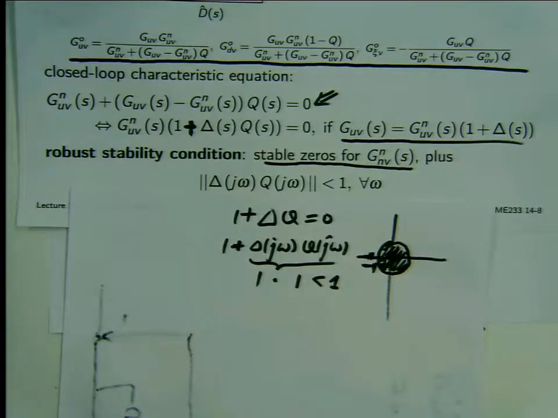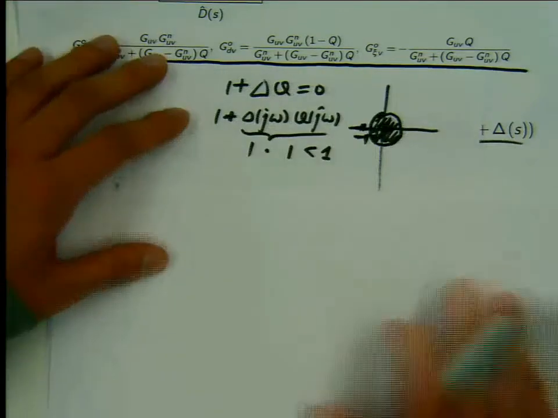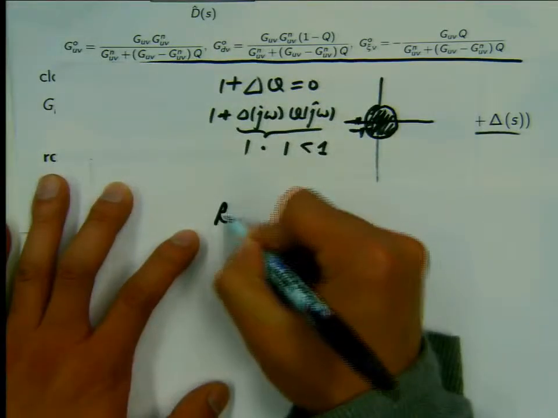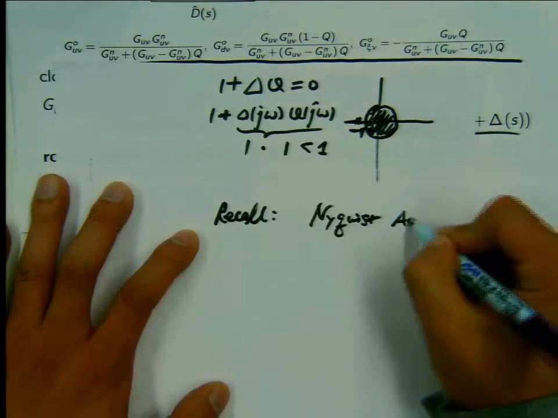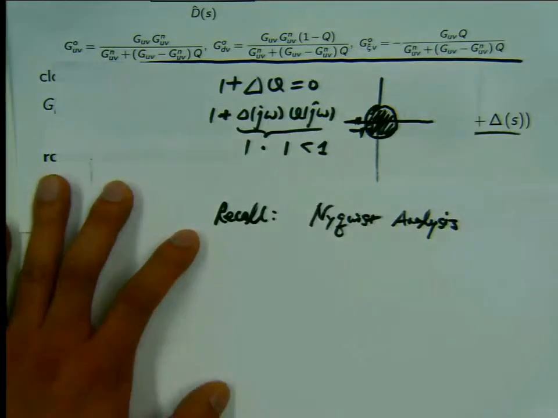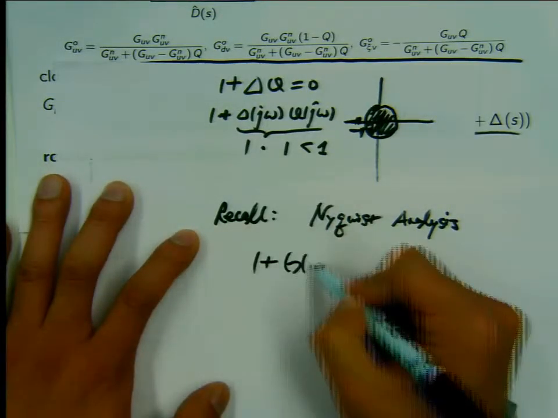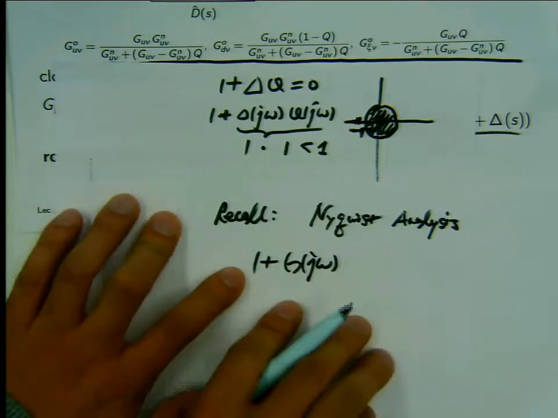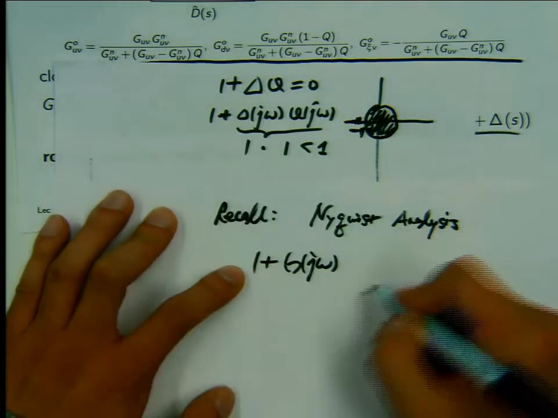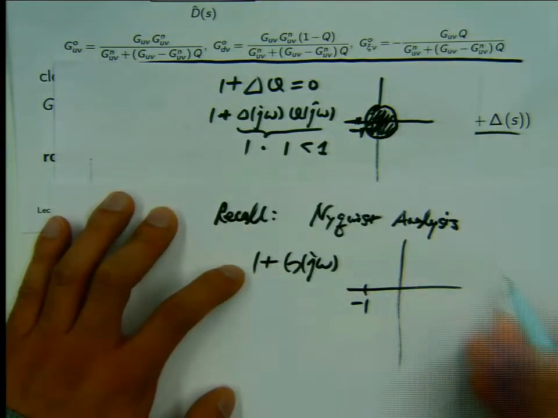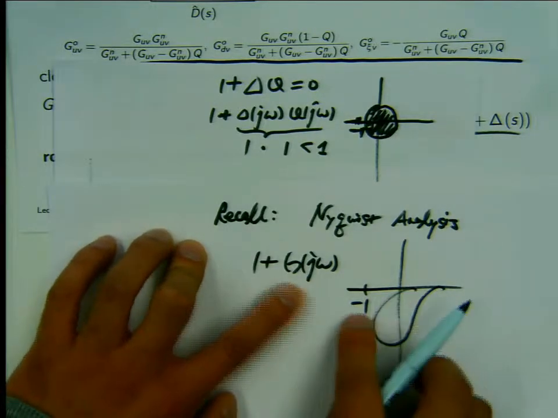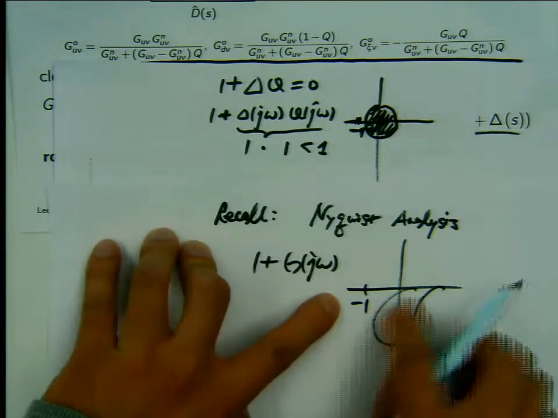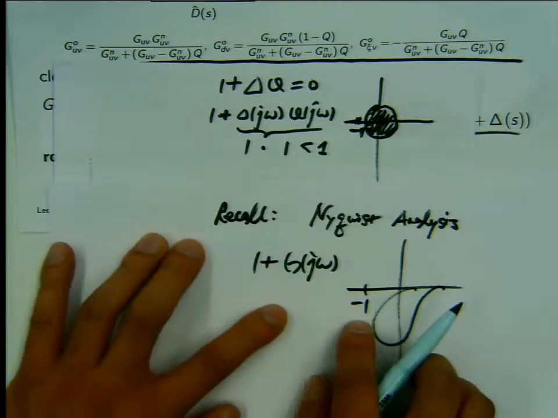Let me be a little bit more specific. Let's review a little bit of Nyquist analysis. Remember, when we do Nyquist analysis, we analyze how the Nyquist plot of this guy looks. And over there, we reviewed this kind of concept. If it's impossible for this Nyquist plot to touch, for the simple case, the -1 point, then the system is stable.